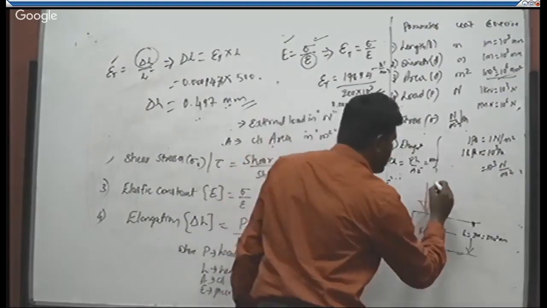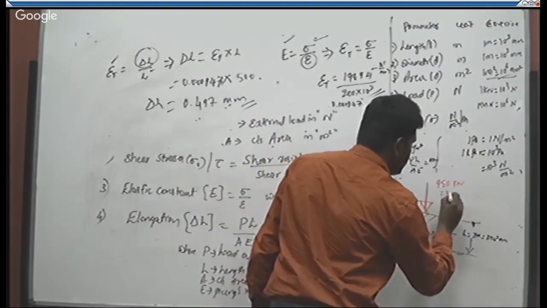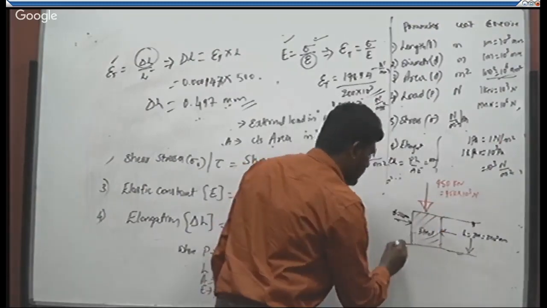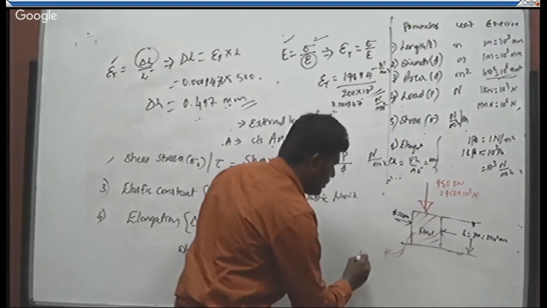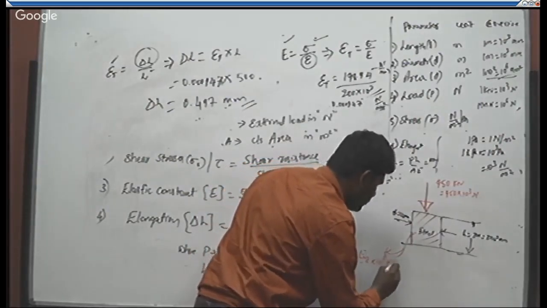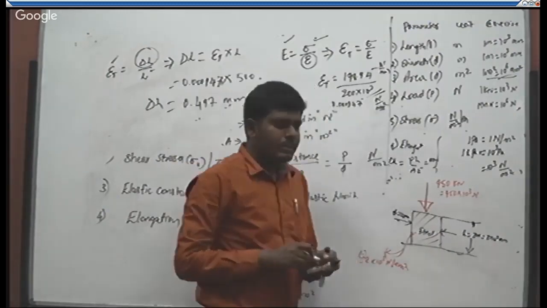This magnitude is equal to 950 into 10 power 3 Newton, and the elastic constant is equal to 2 into 10 raised to 5 Newton per millimeter square. So this is the nature of the problem and the conditions they have given.